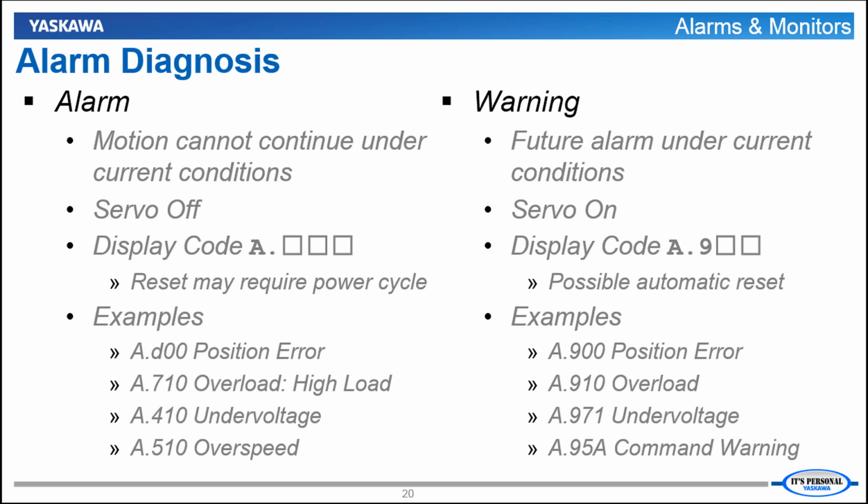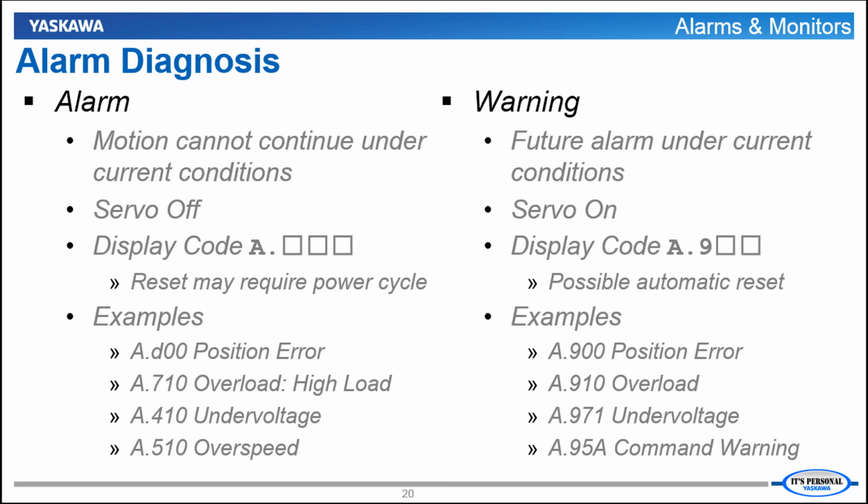If the motor was moving, it will stop according to the alarm stop mode setting, and the alarm code will appear on the front of the panel like we saw with the letter A and then 3 digits after that. That's the alarm code. A few examples are, as we saw, AD00, position error, overload, undervoltage, and overspeed.